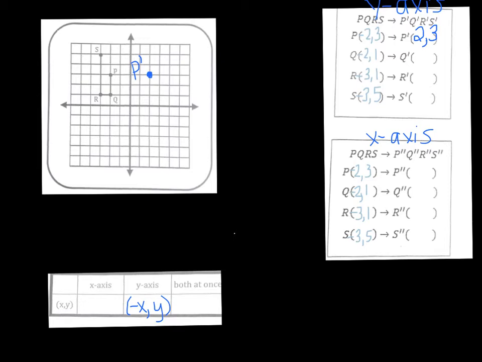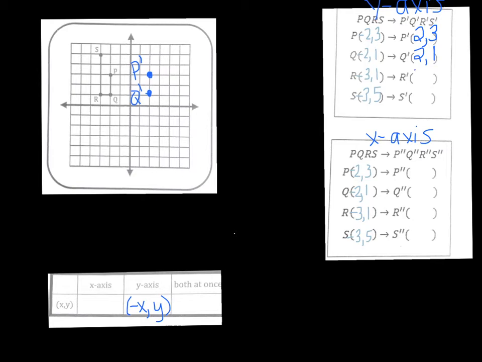Now, I want to count and make sure that this is correct. P is 1, 2 spaces away from the y-axis. If P prime is correct, it will also be 2 spaces. So, 1, 2. That is correct. So now I'm just going to follow my rule. The x value becomes the opposite, so negative 2 turns to positive 2. And then the y value, the 1, stays the same. So over 2, up 1, and that's point Q, so it's going to be Q prime.